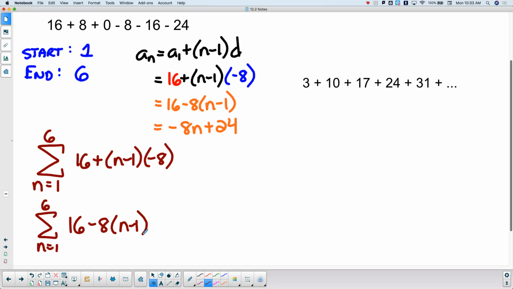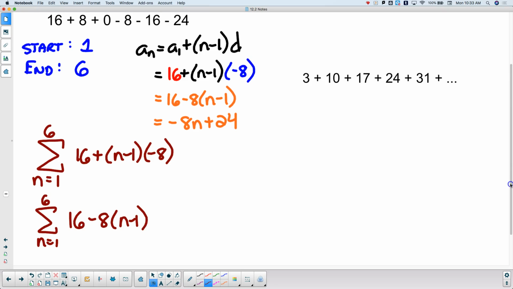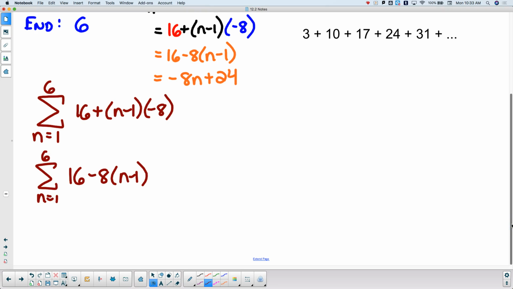That would be my standard sigma notation. And that would be my advanced sigma notation. Okay. All three of those work for me. Okay.